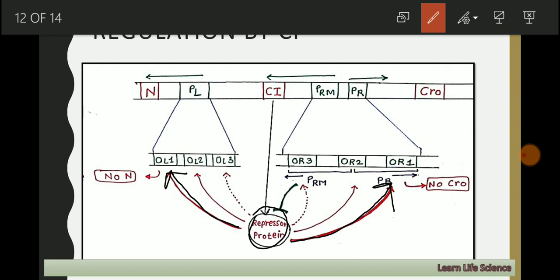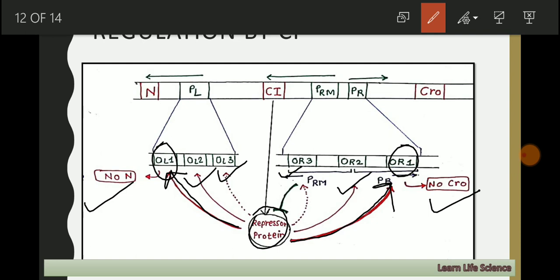Then it is going to bind with high affinity to the first operators, such that there will be no CRO as well as no N synthesis. And then if there is a higher concentration of C1 repressor, it is going to bind to other operator regions, that is OR2, OR3, OL2 as well as OL3.